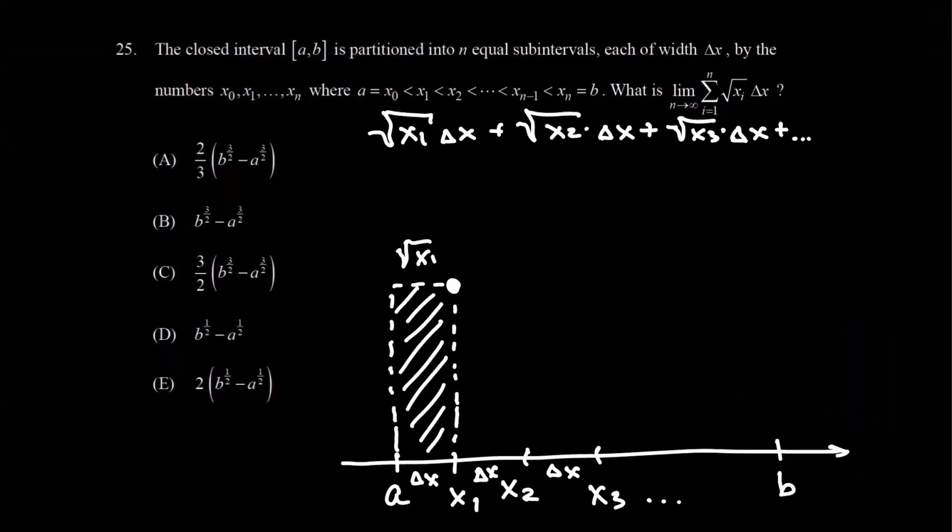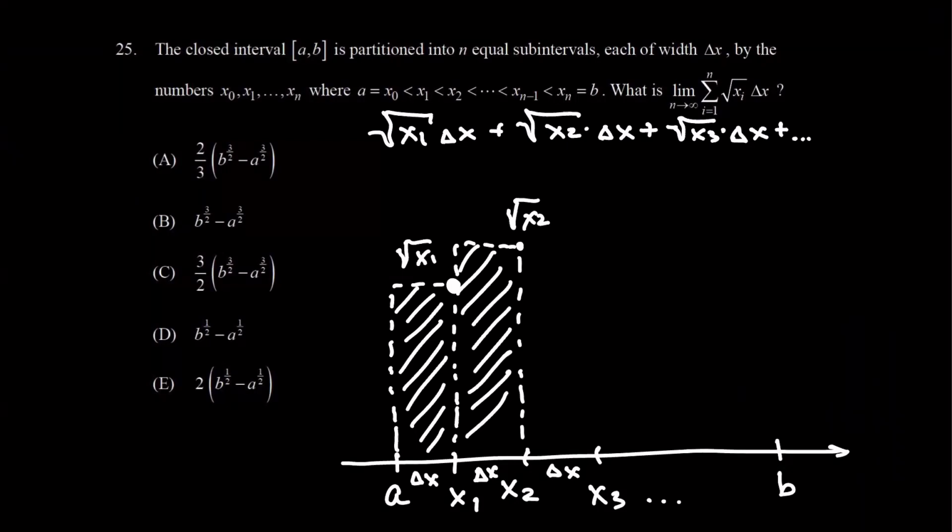Similarly, for the second rectangle, we go here for the square root of x2, and this product of the square root of x2 times delta x is this rectangle here.